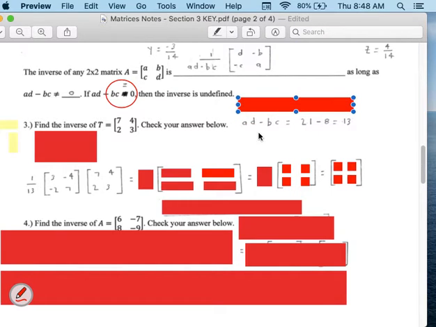So the first step is to take A times D minus B times C. So 7 times 3 minus 2 times 4. 7 times 3 is 21. 2 times 4 is 8.